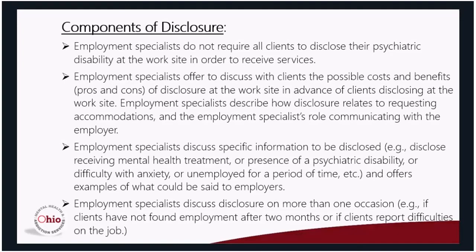Employment specialists describe how disclosure relates to requesting accommodations. Employment specialist role in communicating with the employer. The third component is employment specialists discuss specific information to be disclosed and offer examples of what could be said to employers. And the fourth component is employment specialists discuss disclosure on more than one occasion.